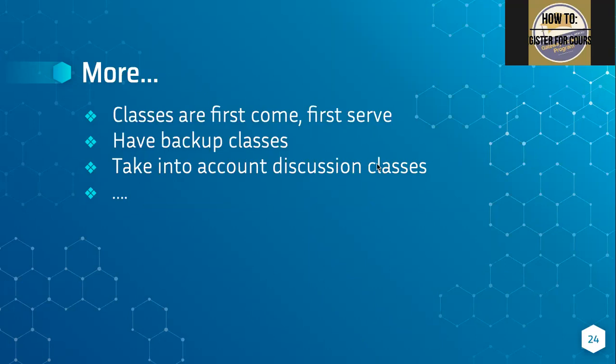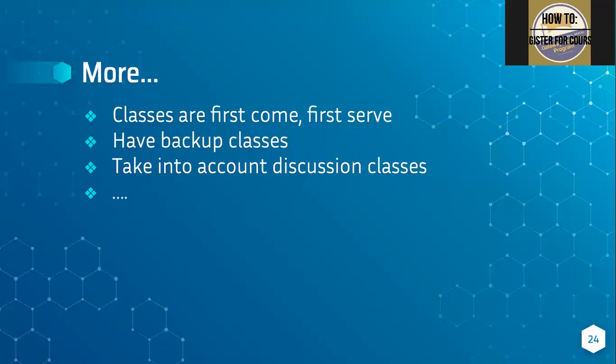So definitely sign up the moment the time is open. If your registration time is at 8:30 a.m., you better be on your computer at 8:30 a.m. and sign up. And then next, have backup classes, because like we said, there's most likely always going to be a conflict, and it's frustrating, we know, but it's very important that you have extra CRN codes with you just in case anything happens.